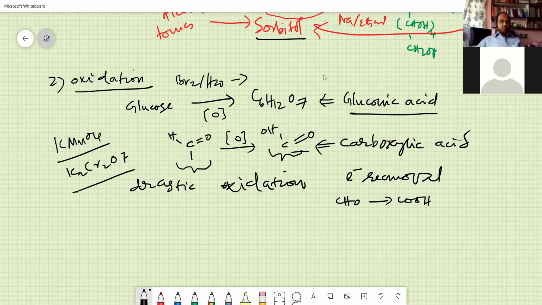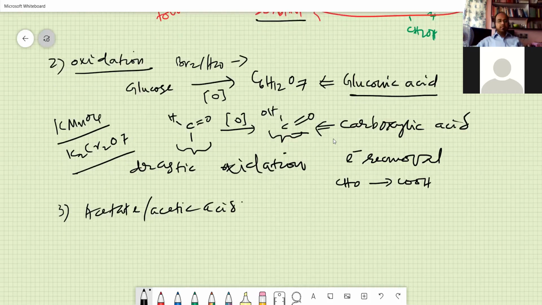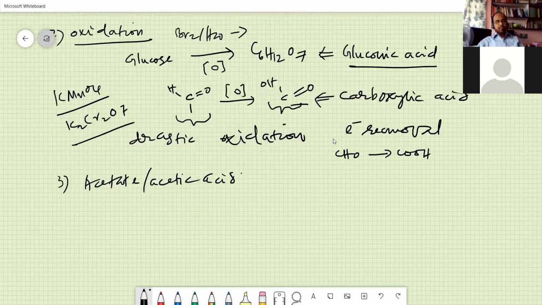The third most important reaction which I am going to tell you is the reaction with acetate or acetic acid. This is important in the sense that we have got a structure like this: CHO, CHOH 4 times, and then CH2OH. So you can see that this OH is 4 times and this OH is the 5th, right?